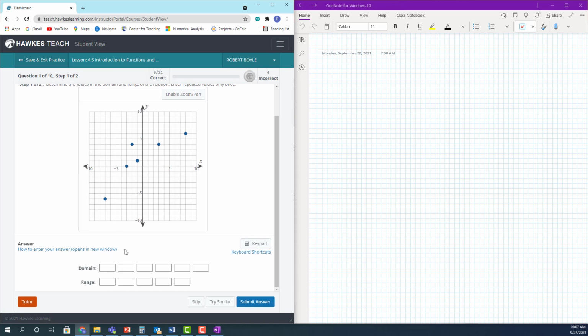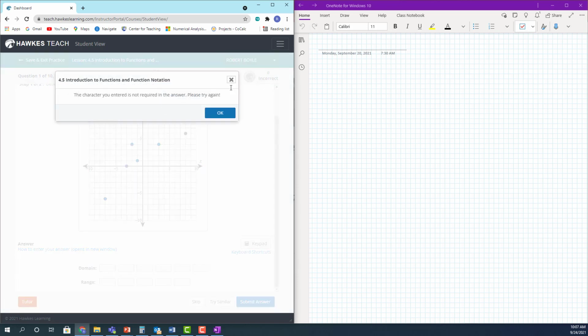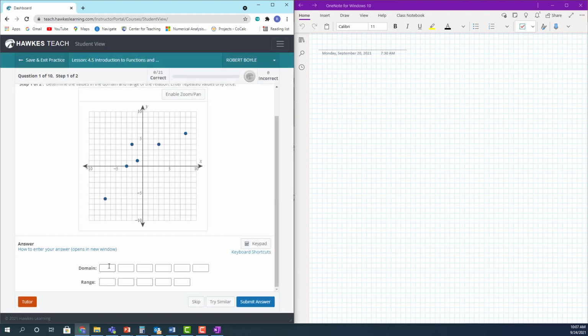Now remember, the domain is all the x values. So we can go to each point and just write down their x coordinate. So here's a point. That x coordinate is -7. We'll put a -7 in. The next one is -3.